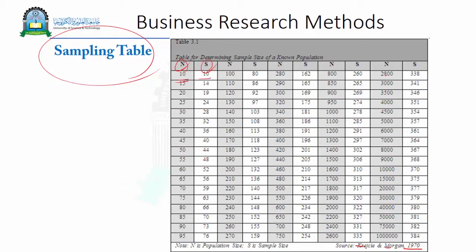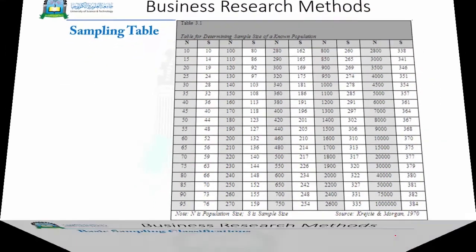But when we go to a population of 2,800, the sample is going to be 338. And when we talk about 30,000 units as a population, a sample of 379 is going to be drawn. So if the researcher follows this table and this reference, Krejcie and Morgan, it is going to be helpful and good for him or her.